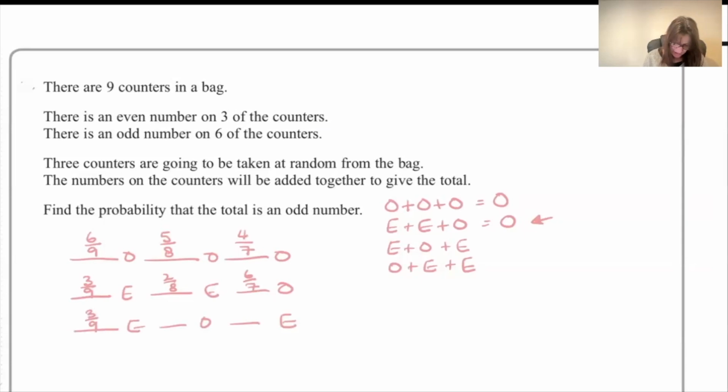And then I'm going to odd, so 6 out of 8. And odd, even, 2 out of 7. Last but not least, I've got my odd, E, E. And that is going to give me 6 out of 9, 3 out of 8, and 2 out of 7.